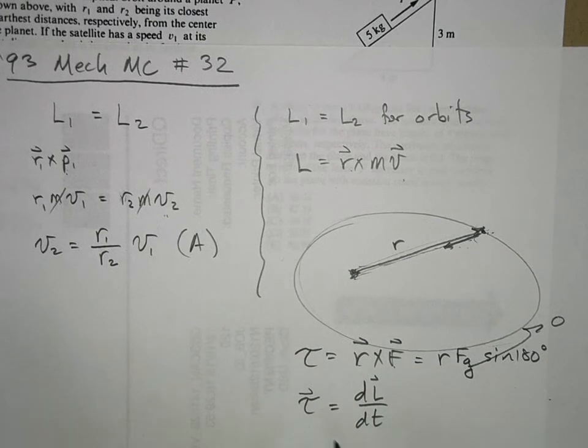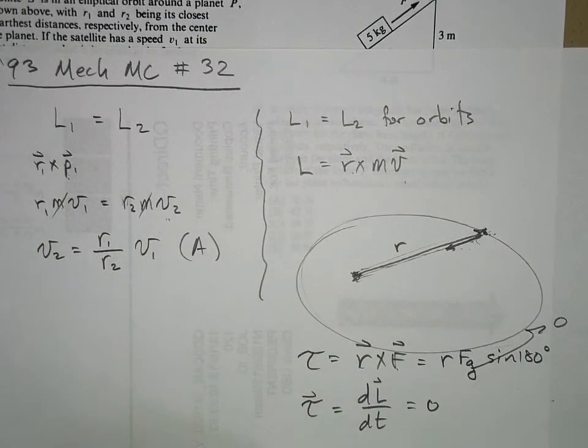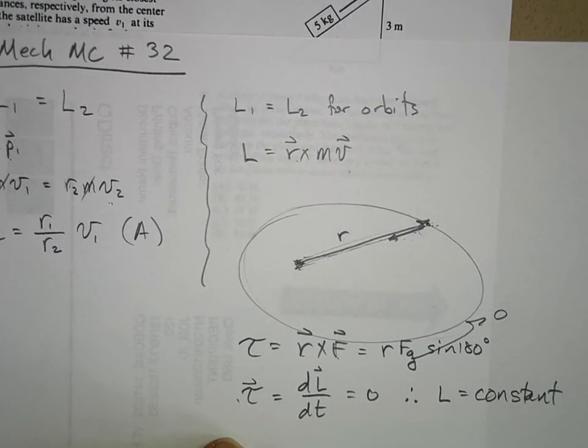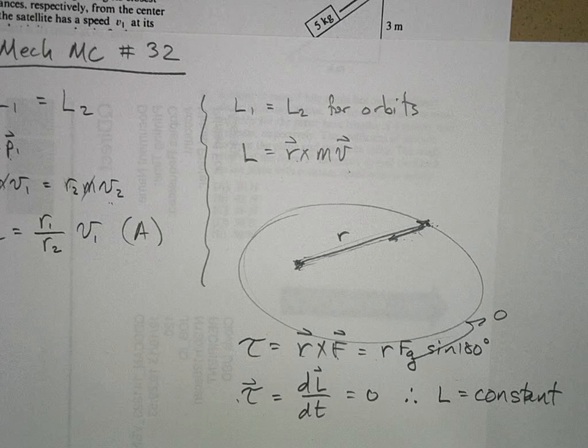Well, if the torque is equal to 0, then your angular momentum L is constant. So this whole chain of logic that I've explained to you, they'll probably use it in other problems as well. So it's good stuff to know.